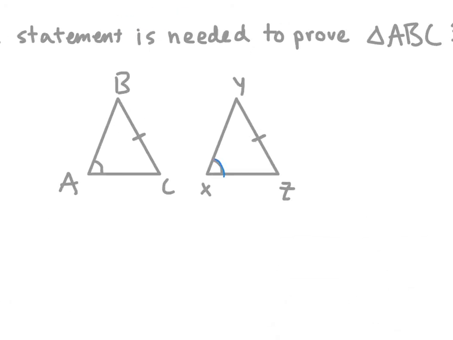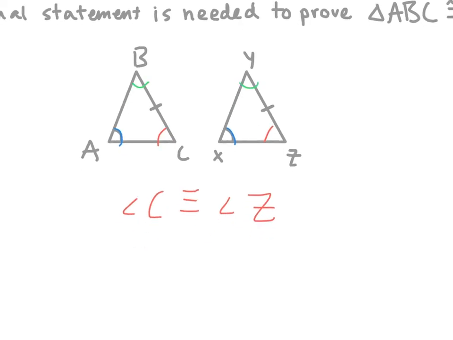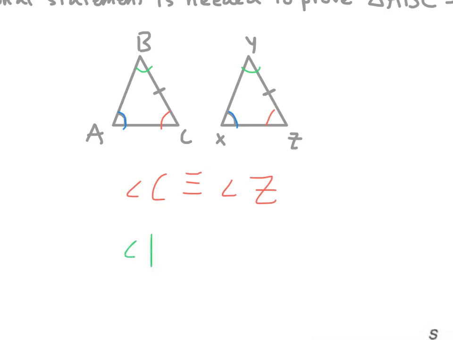So we already know that X is congruent to A. So what's another pair of angles that we can say are congruent to each other? C and Z. So we can say angle C is congruent to angle Z. Perfect. We could also say that angle B is congruent to angle Y. That would also be a right answer.